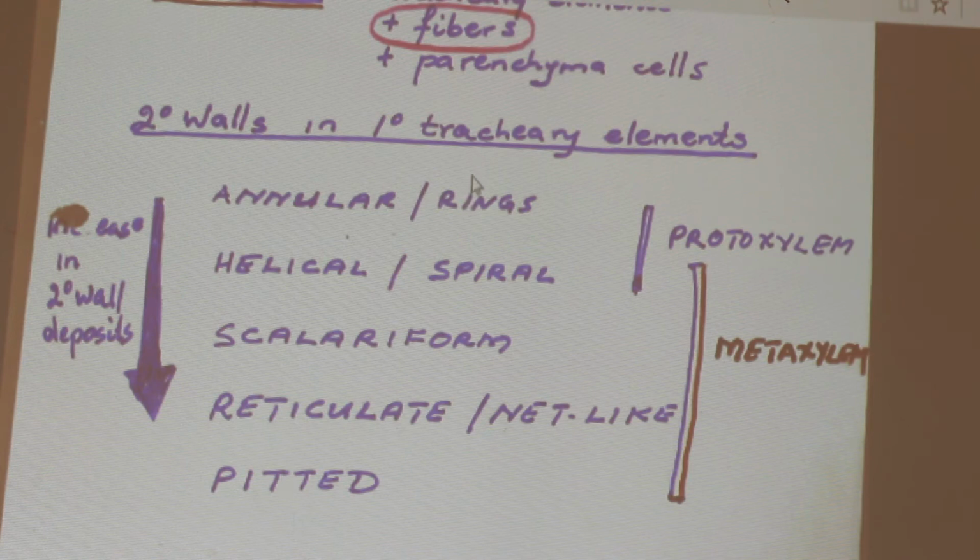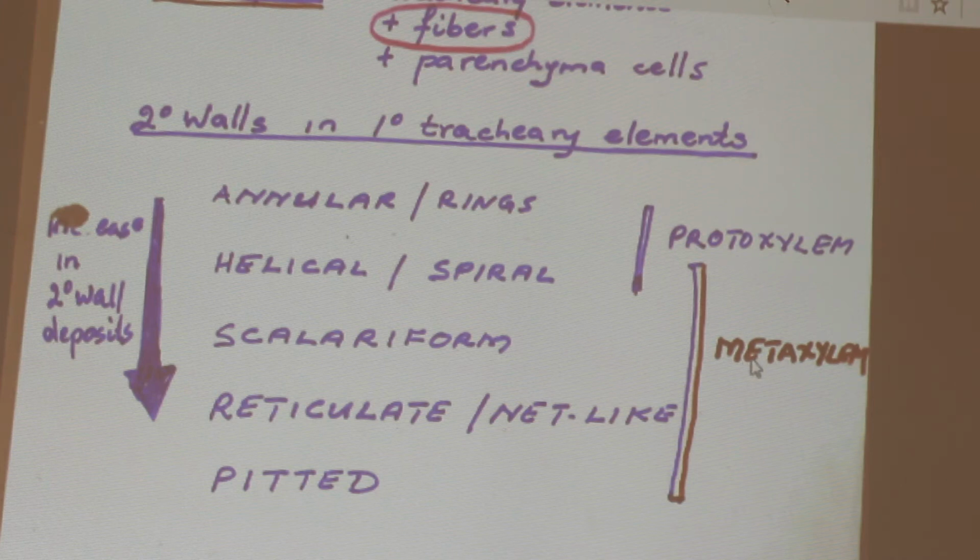Now, when you have a tracheary element, you will know that you are looking at protoxylem by looking at it from the side, from a longitudinal section; you will see either annular or helical thickening.